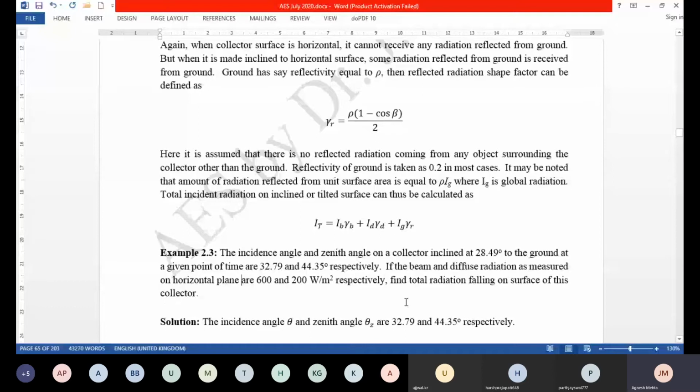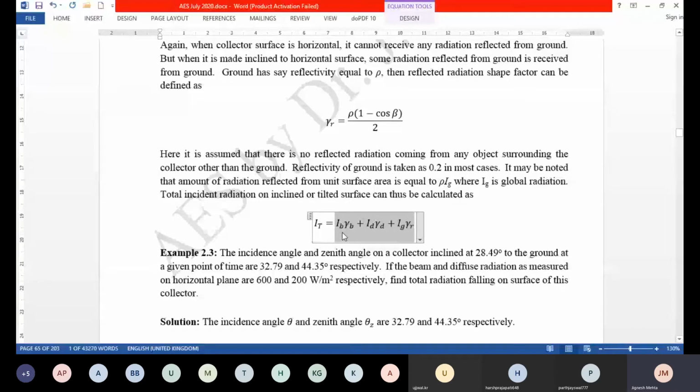Find total radiation falling on surface of this collector. So now you have the required formula for calculations. This IB is given as 600 and gamma B is to be calculated, right? So let's do it step by step. You won't do all the summation at a time.